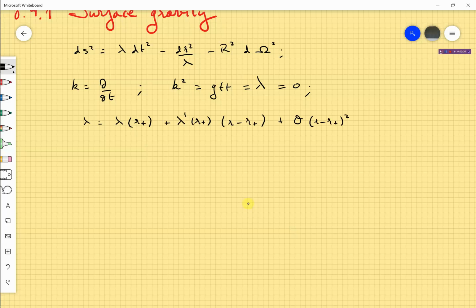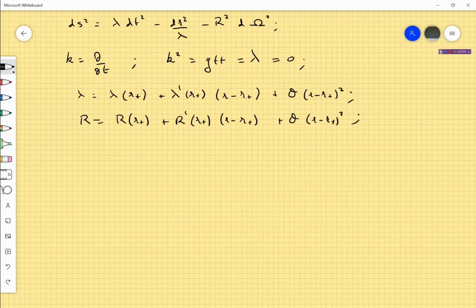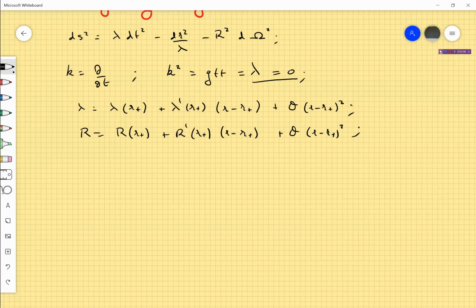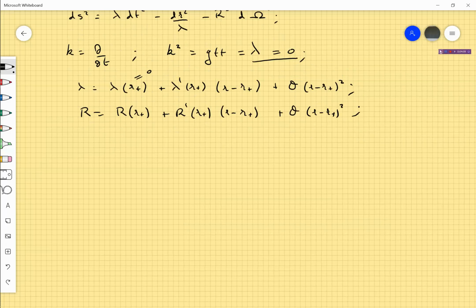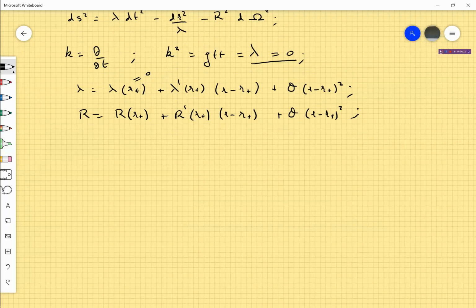Then we can do the same for R. This is kind of trivial. And then by assumption, r plus is where the Killing horizon is, which is the event horizon, so the first term is 0 by assumption. And we are going to assume also for the moment that lambda prime is different from 0 at r plus.